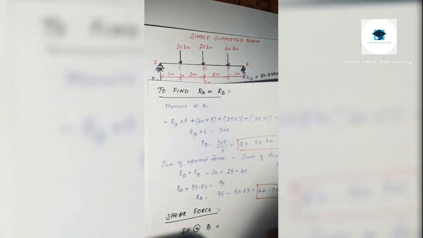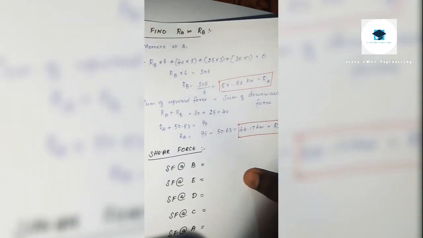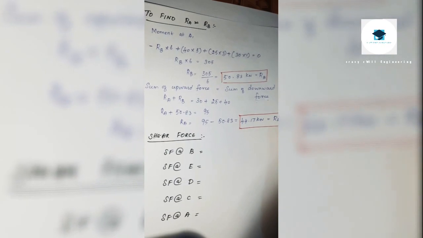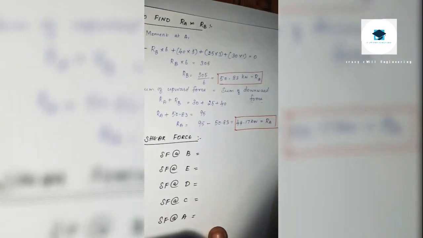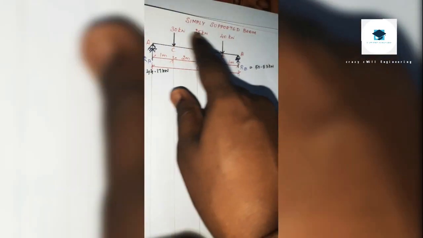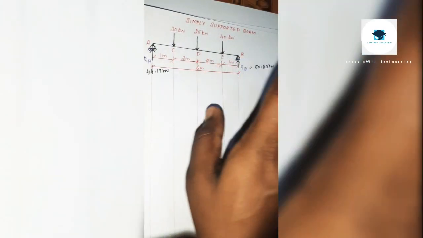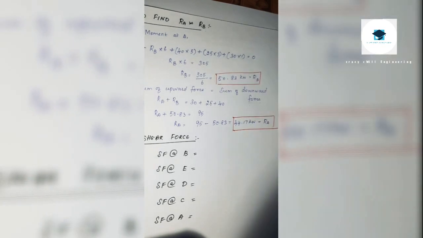Now we are going to calculate shear force. What is shear force? Shear force is the algebraic sum of all the vertical loads acting on a beam, either left or right of the section.